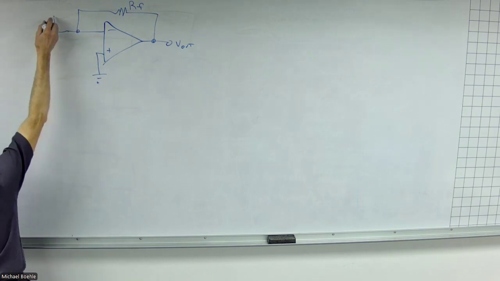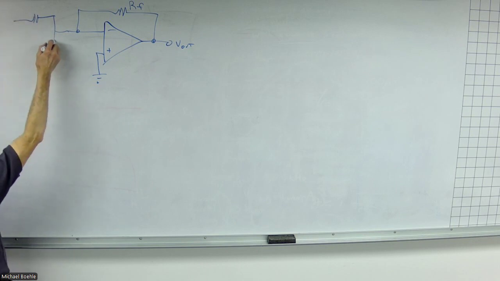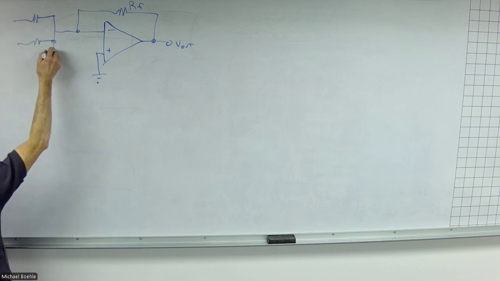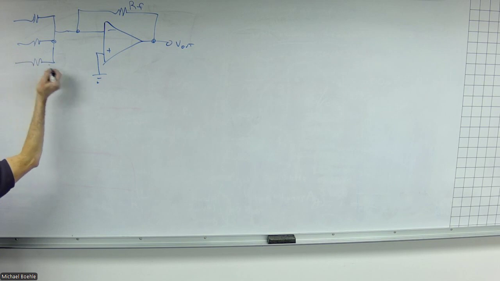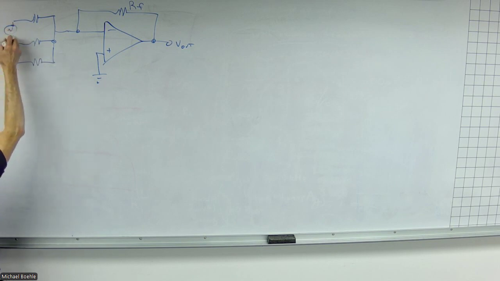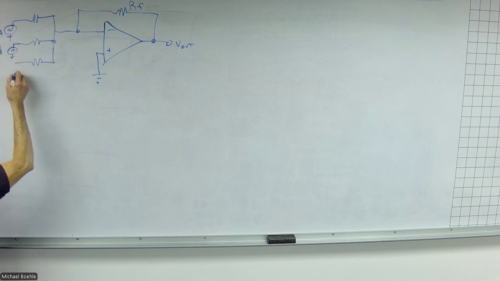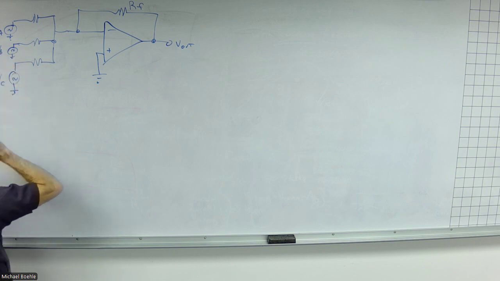But now I'm going to go ahead and add in, I don't know, a few input voltages. Call that VA, VB, VC.